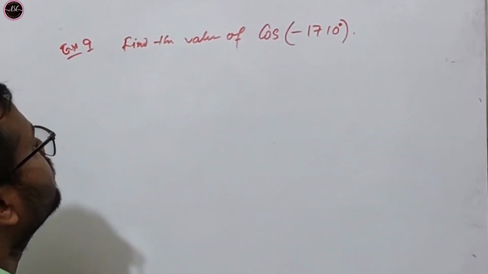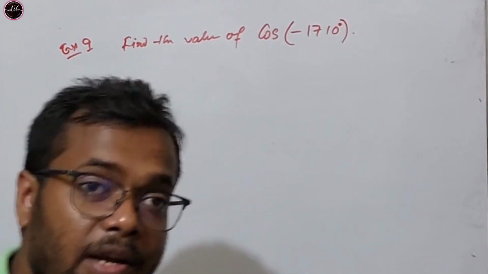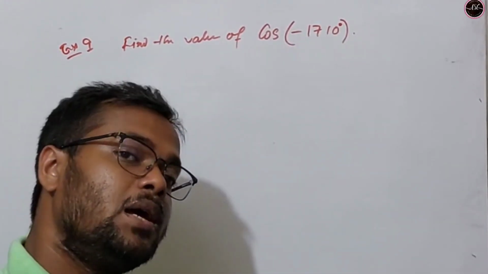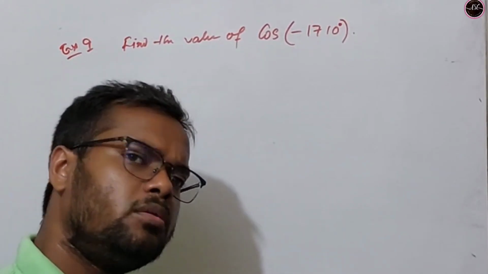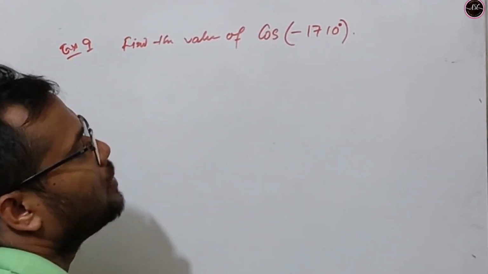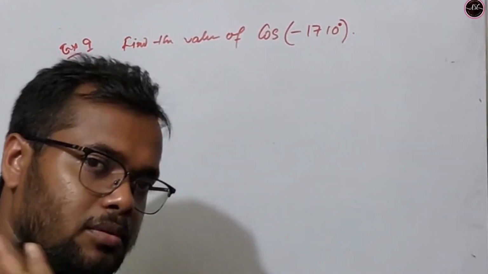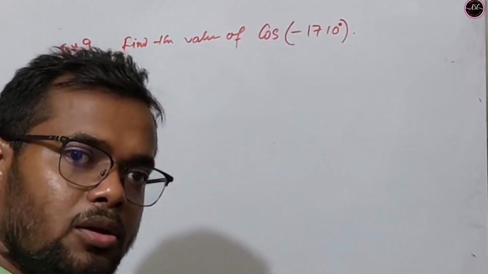Okay, then look at this question. Find the value of cos(-1710°). In the previous question example, we have seen the measure of the angle is in radian, but here it is in degree. So that will not matter. We just have to sort this figure. First remember that, how can we sort this?